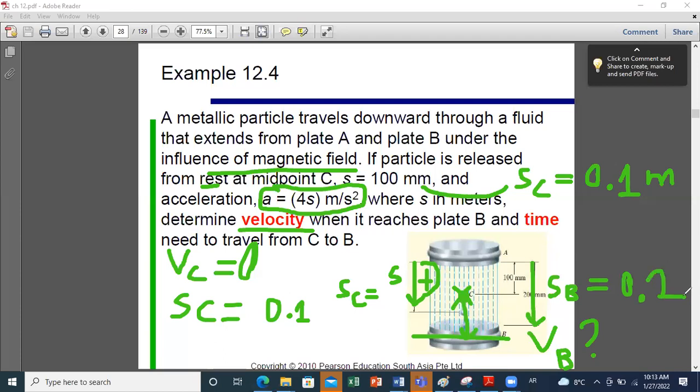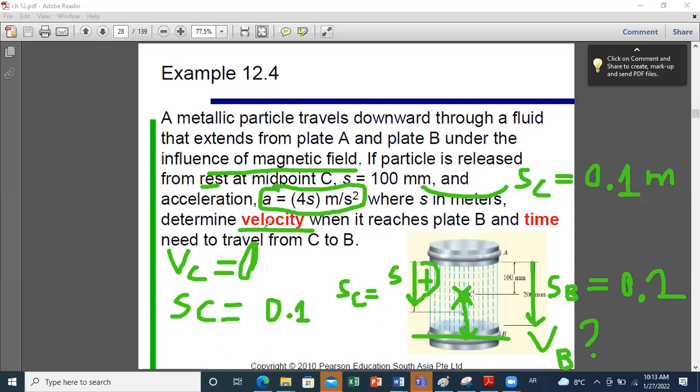And now, what do you think should I use to solve for velocity at B? Which relation? Can we use, Doctor, the A equal V dV over dx? Yes, very good. I will use the differential relation involving acceleration, position, and velocity.